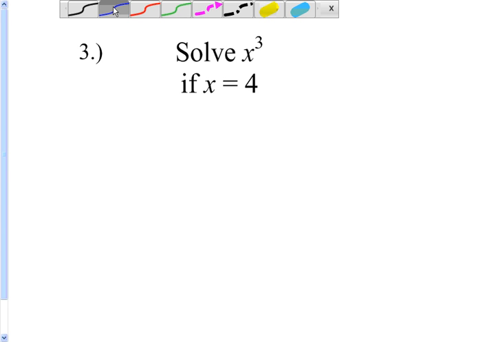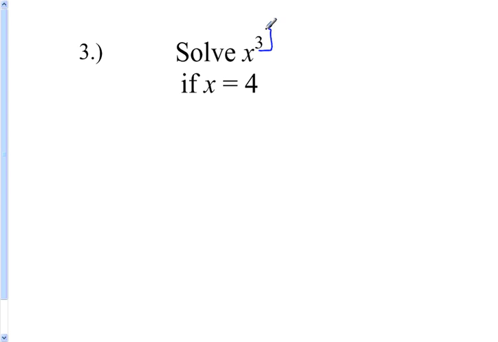Well, if we have an exponent, which is what this is up here, in this case x to the third power, that exponent means that we multiply the number down below times itself, in this case 3 times.